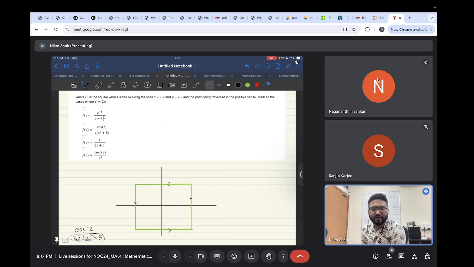Here we can see that there are three poles, z equal to 0, z equal to plus 2 root 2, and z equal to minus 2 root 2. There are three poles here. But how many of them lie inside this contour?